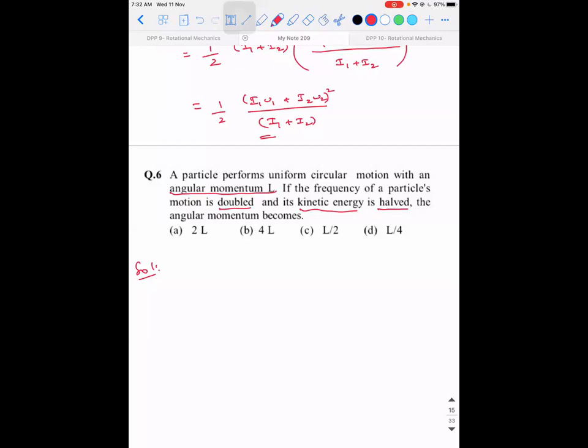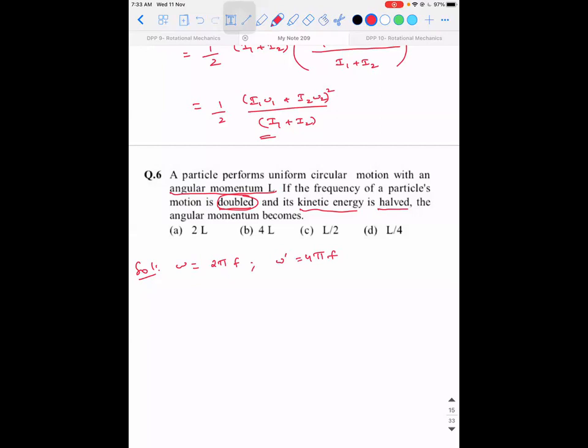What is the omega information? Omega is equal to 2 pi f, and then you get half. Omega dash will be equal to pi f after it's halved. The frequency is doubled, so we get 4 pi f.